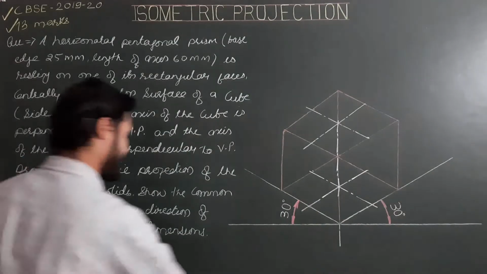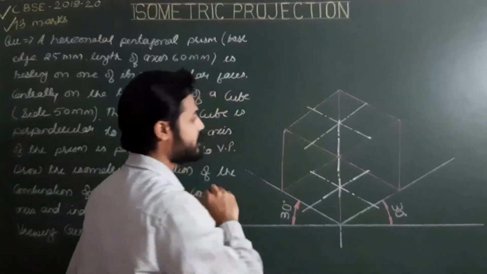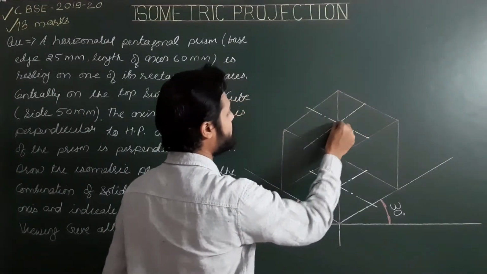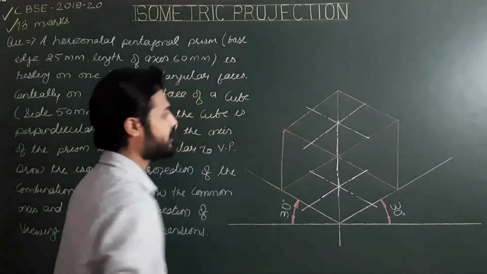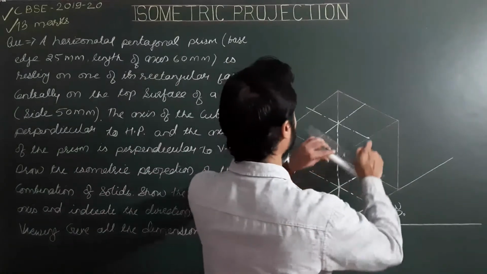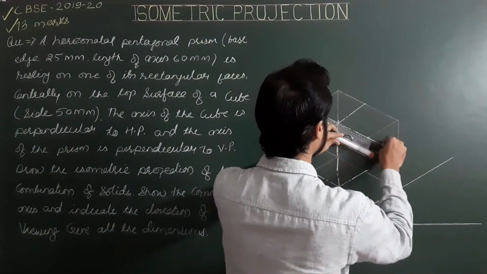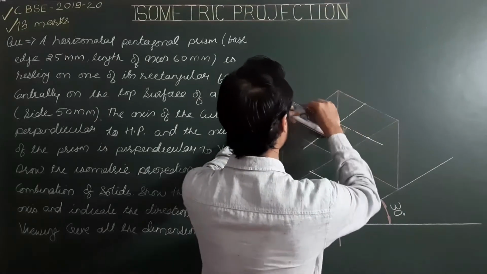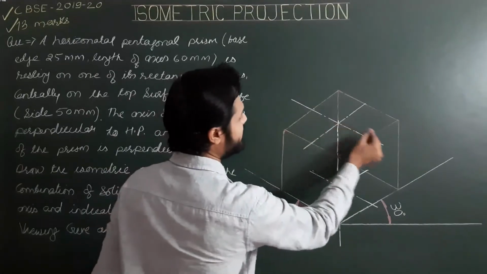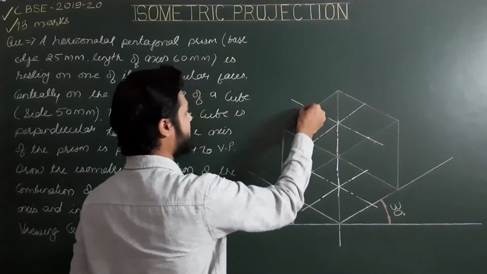So along the first ISO axis, marking limits of half of 25, and along the second center line, extending this line first, we have to mark limits of 60. So from this point, ISO 30, half of 60, and ISO 30.